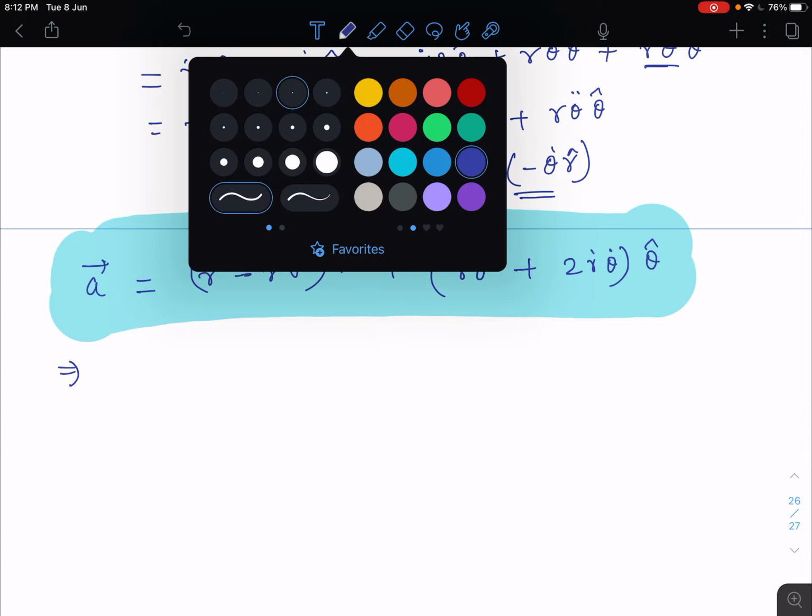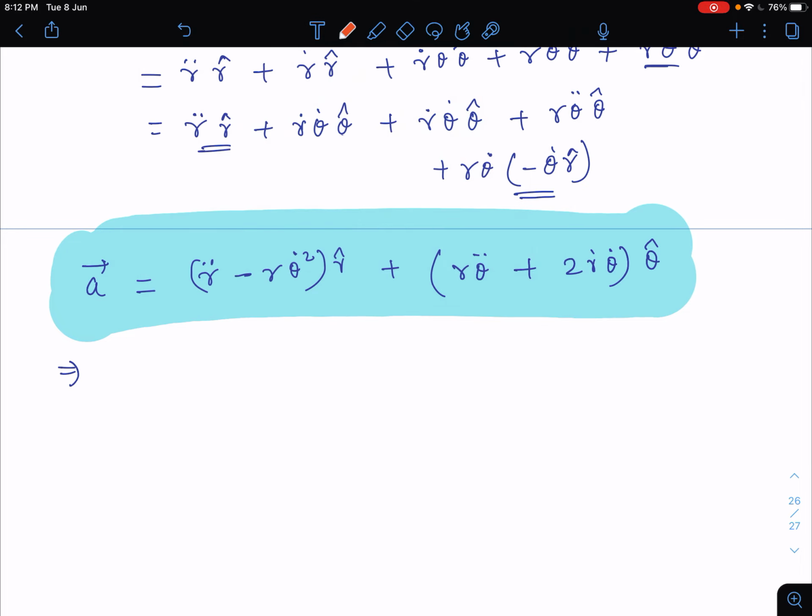So now let us discuss what the parts are. As the name suggests, we are taking the two-time derivative of r, so this is the radial acceleration. And what is this part? This r theta dot square is the centripetal acceleration.